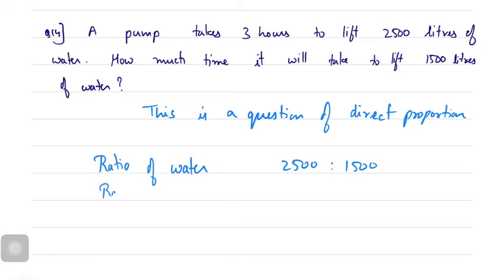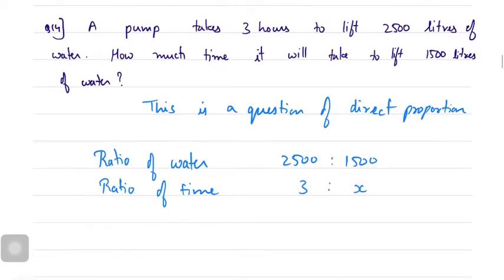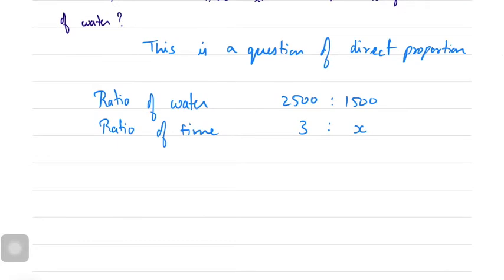And ratio of time is 3 hours is to X. Because this is a question of direct proportion, in the bracket you can write, let the time taken to lift 1500 liters of water be X. Okay.